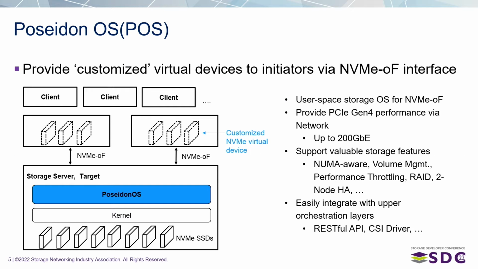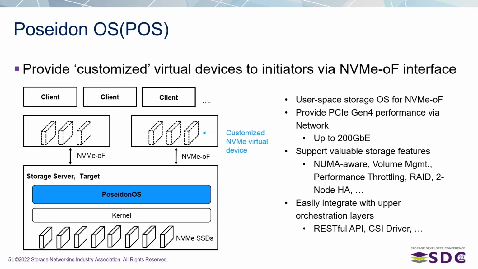Poseidon OS, also called POS, is the software part of the Poseidon project. Basically, POS is a lightweight user space storage operating system for NVMe-oF. As shown in the figure, POS runs as a user application on the Linux kernel, and it can provide customized virtual devices to the initiator via NVMe over fabrics.